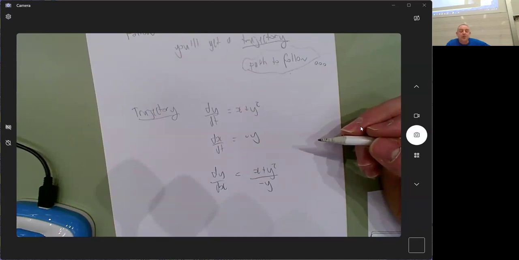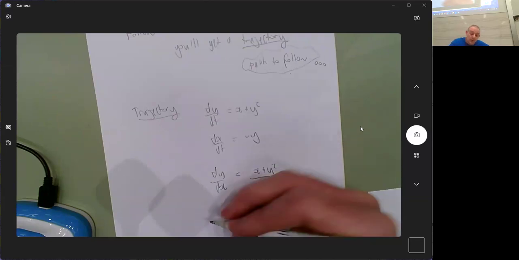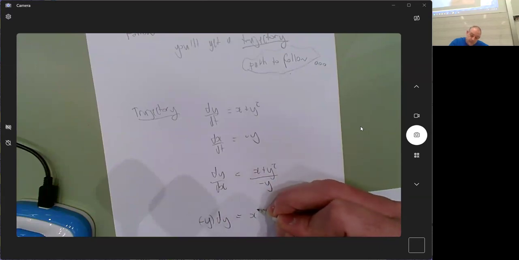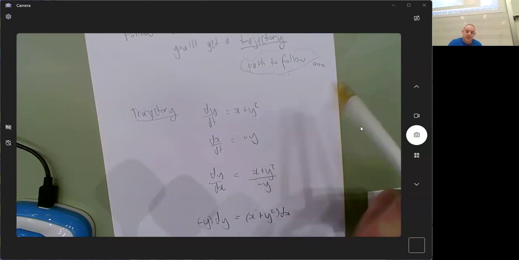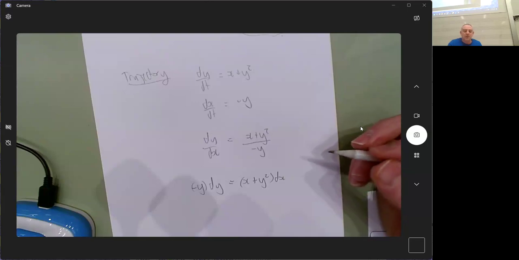So when they say, what is the differential equation that defines the trajectories, that's it. But usually what you'd do is you'd write it in differential form and put it like that. And then you'd put them all on one side.